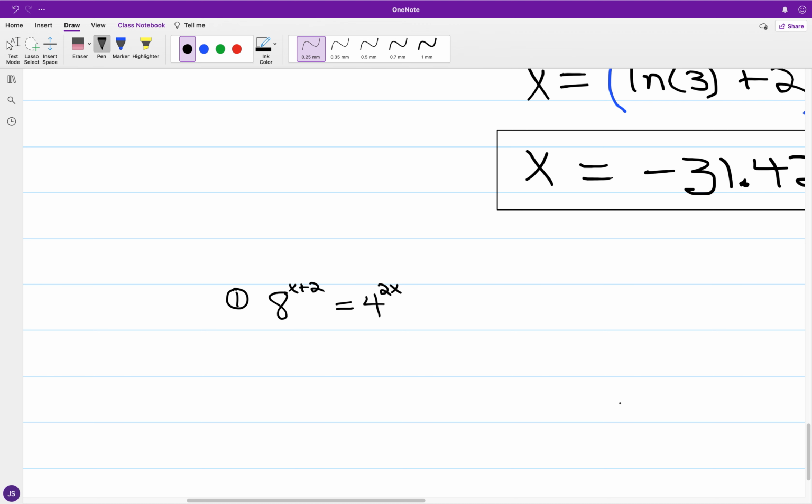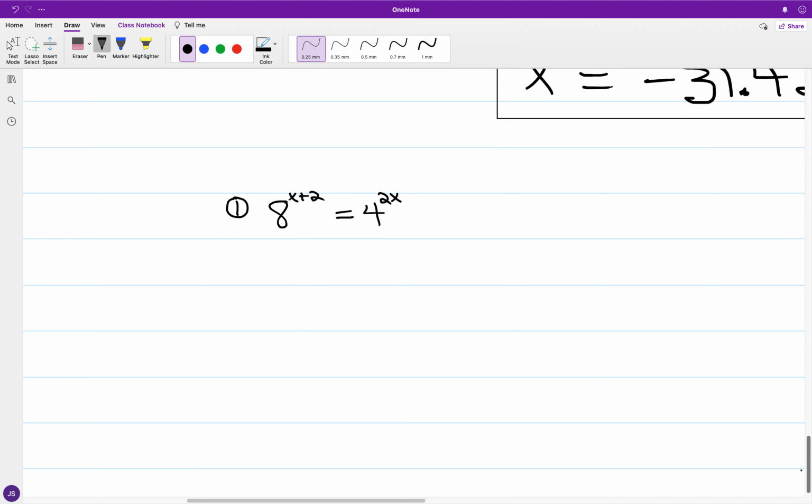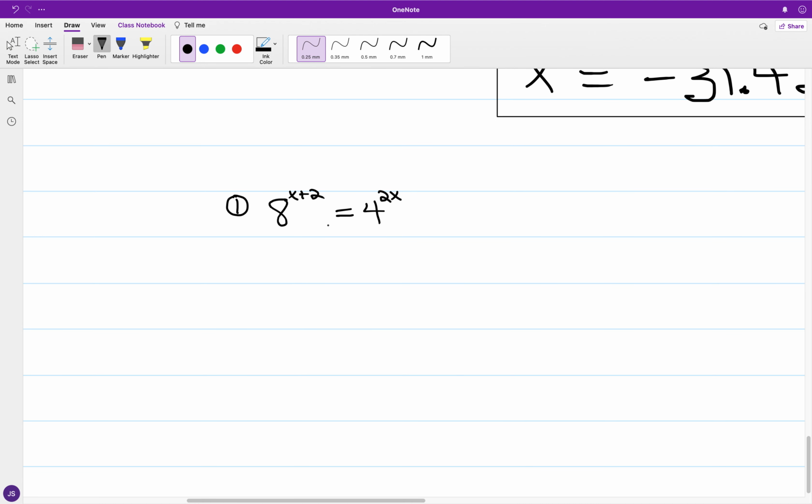I'm going to mention something in just a moment. Now for 8 to the x plus 2 is equal to 4 to the 2x.